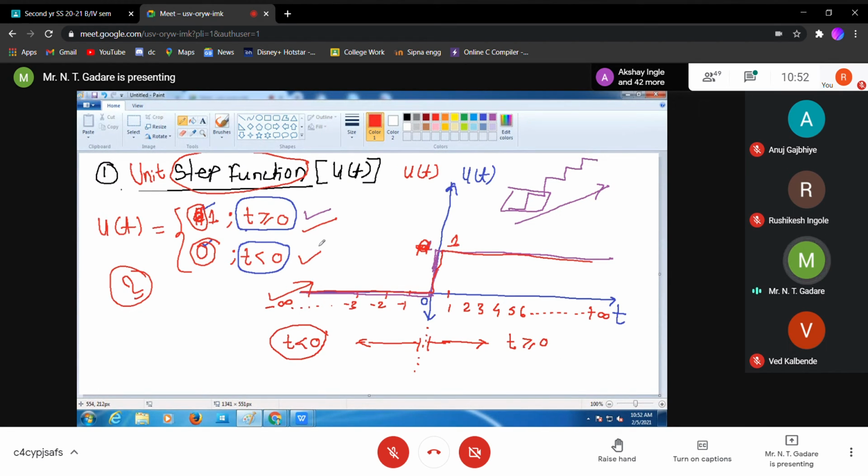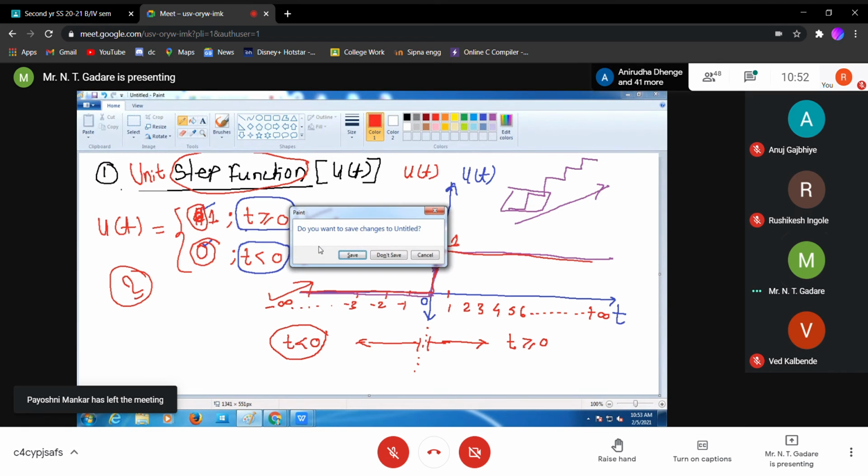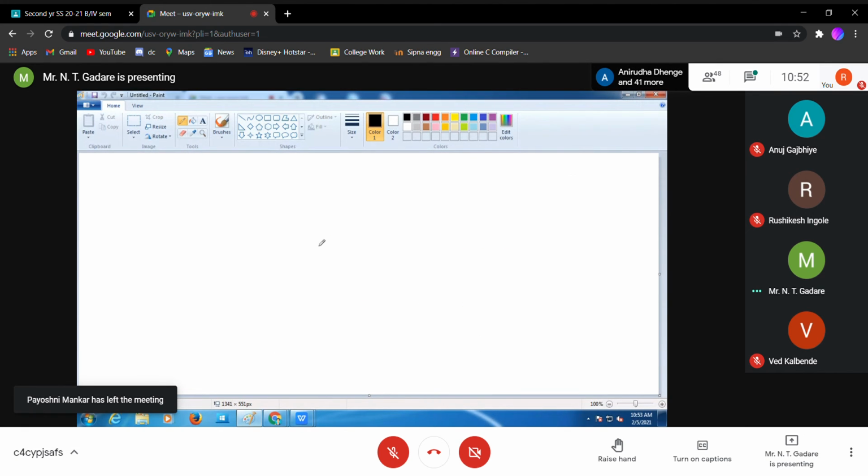the second standard signal. I simply consider impulse functions.